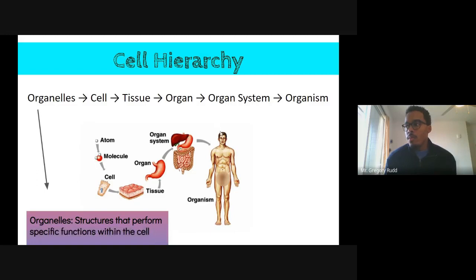But of course, human beings are very, very complex organisms that involve a number of different organ systems. Your respiratory system, your digestive system, your nervous system, your circulatory system, your skeletal and muscular systems, your endocrine system, your immune system. All of these work together to allow you to live healthily.